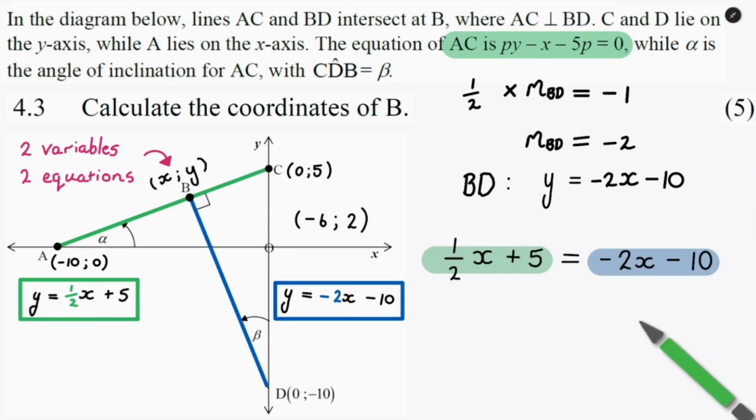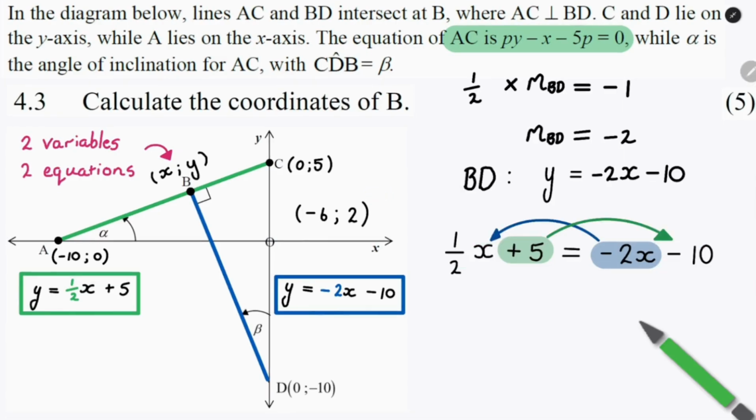We make them equal and we solve for x. So we're going to get all the x's to one side and all the numbers to the other side of the equal sign, because it is a linear equation. So when I move the minus 2x over to that side, it becomes positive 2x because we're moving it over the equal sign.